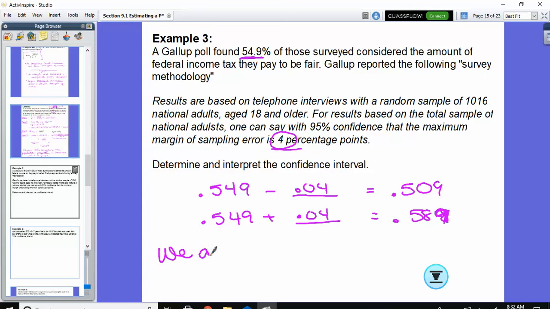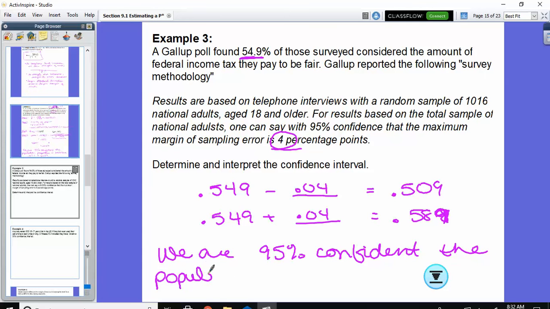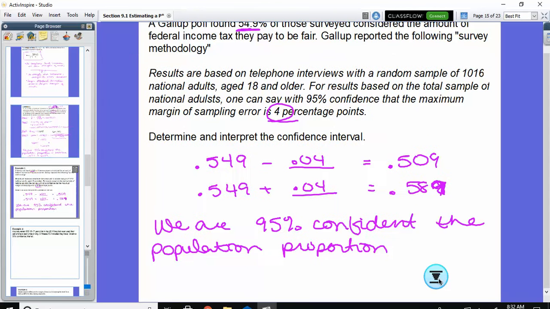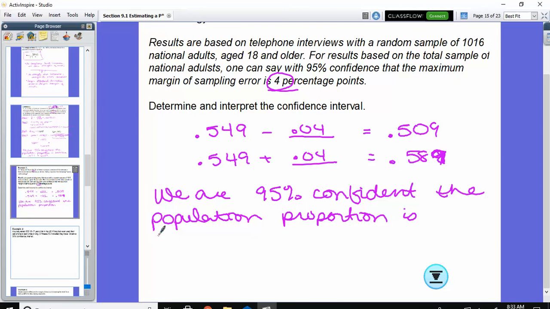So what this means, we are 95% confident because it was a 95% confidence interval. The population proportion is between 0.509 and 0.589.